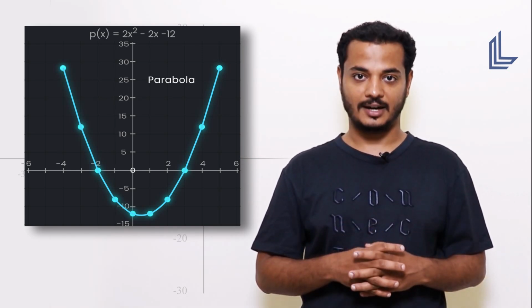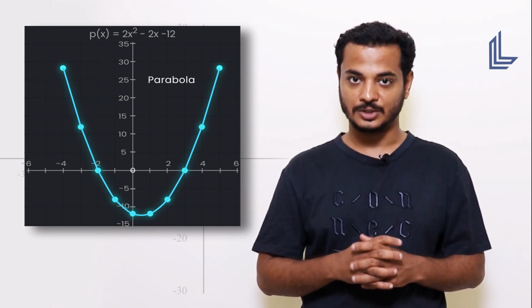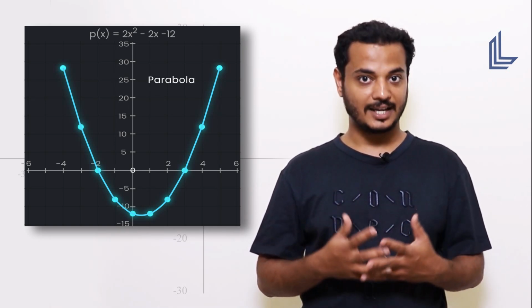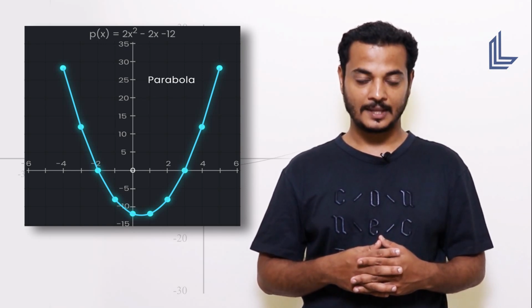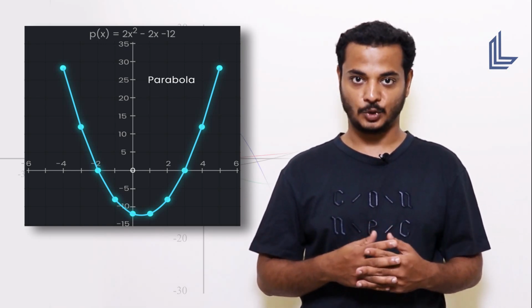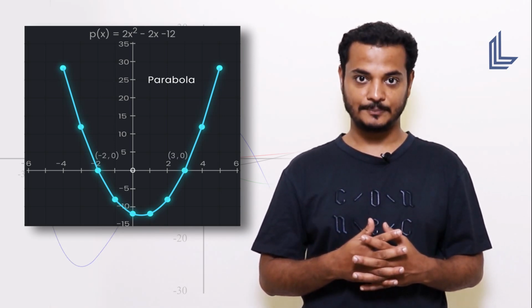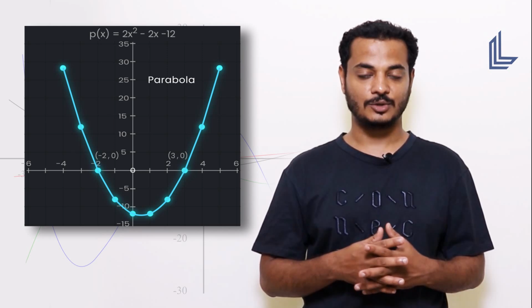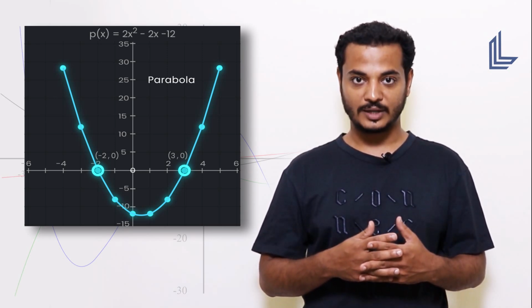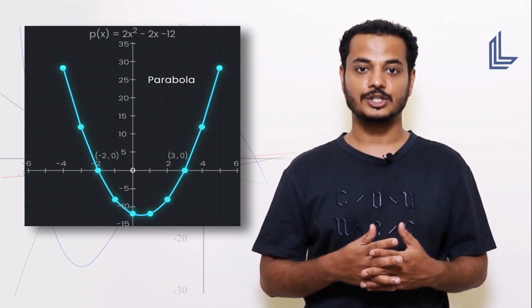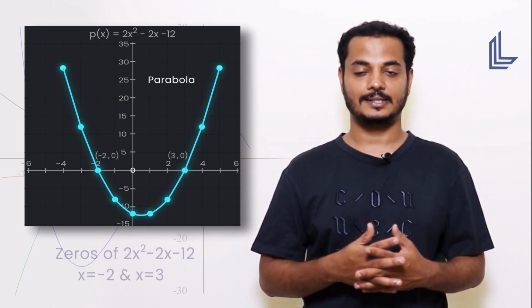Now looking at the graph, can you spot zeros of this polynomial? Now zeros of the polynomial are those values of x at which p of x becomes 0. From our learnings from the previous section, we can easily locate zeros of the polynomial by looking at the graph and locating the points through which the graph intersects the x-axis.